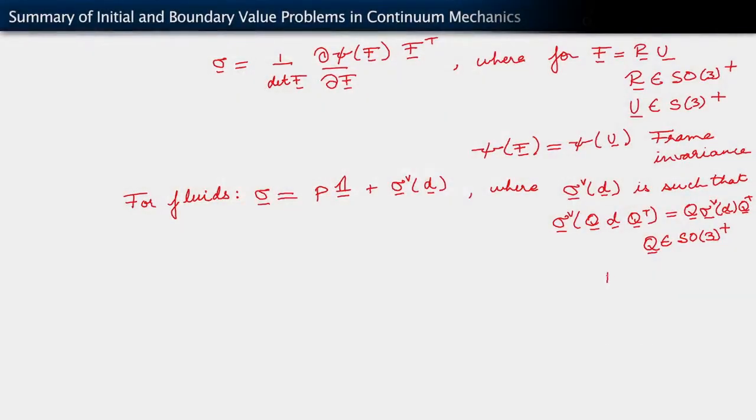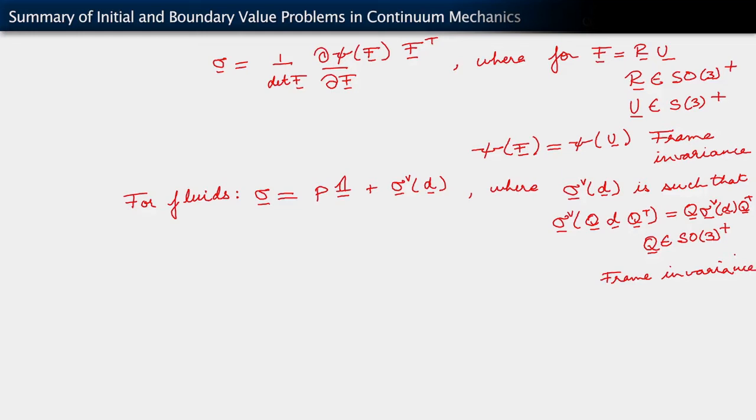We have a pressure term which may or may not have another constitutive relation for itself. But this is the very minimum that we need in terms of constitutive relations. And we know that this condition also is frame invariance, or objectivity, as we have often called it.